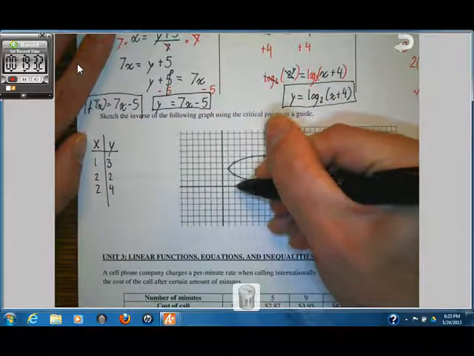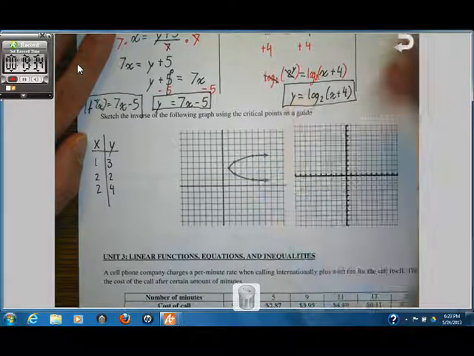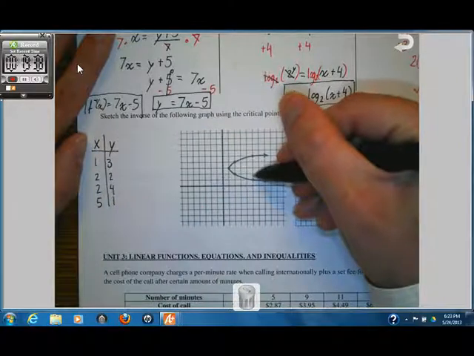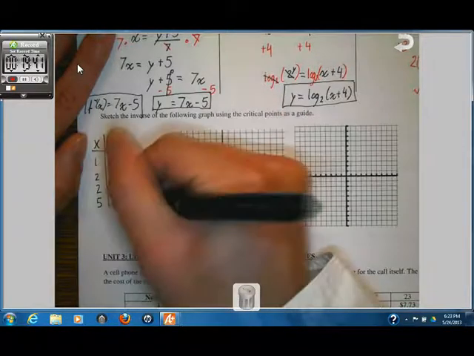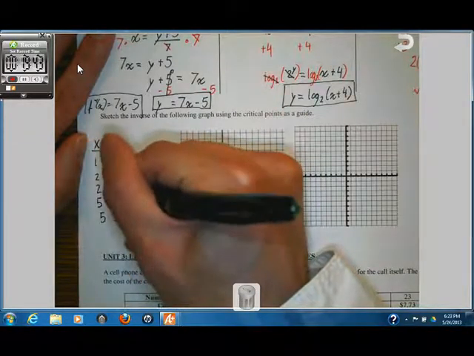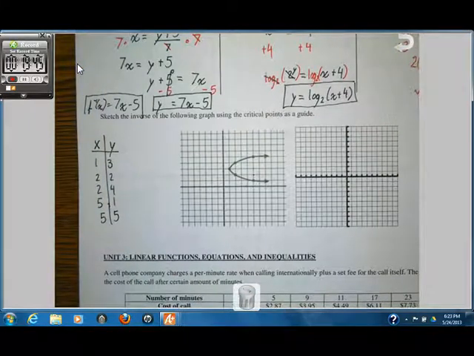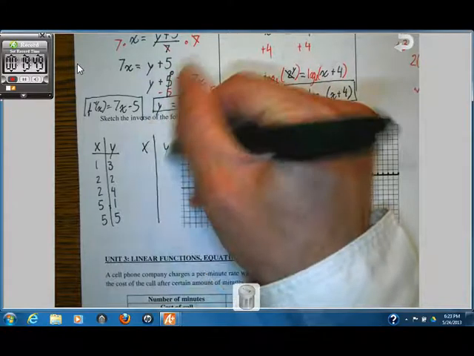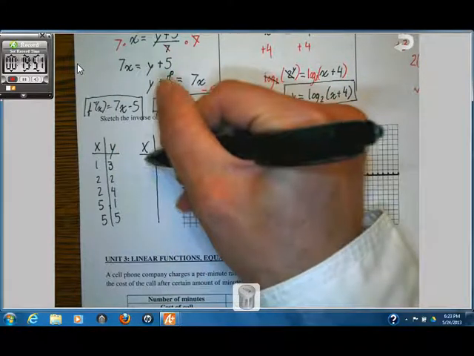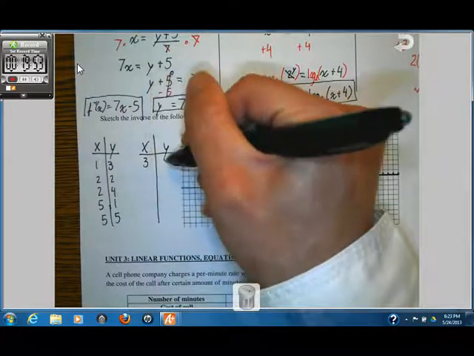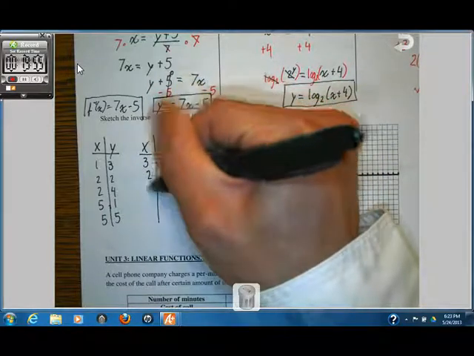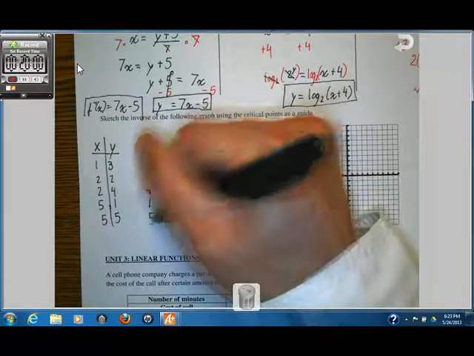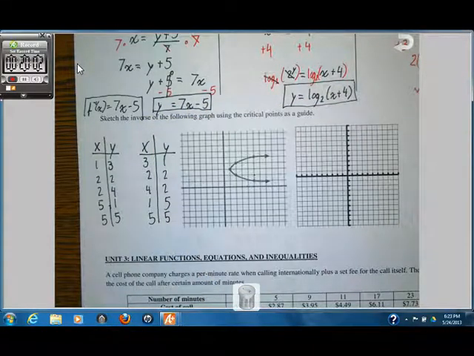So you go, alright, (3, 1), (2, 2), (4, 2), (5, 1), and then (5, 5). And that should be the new function.